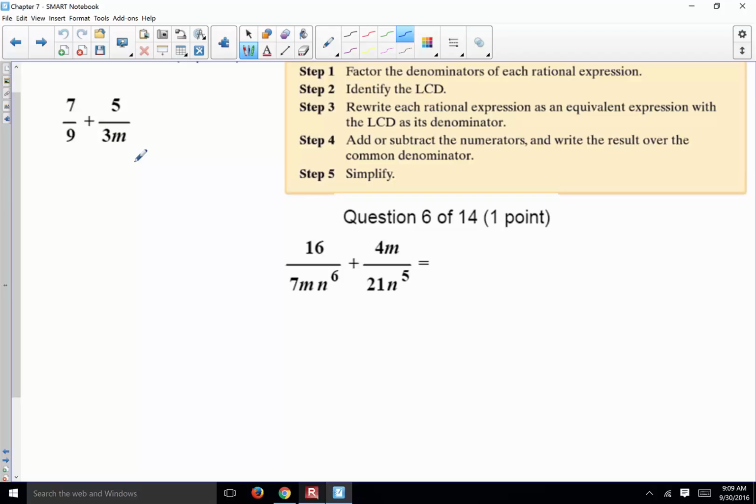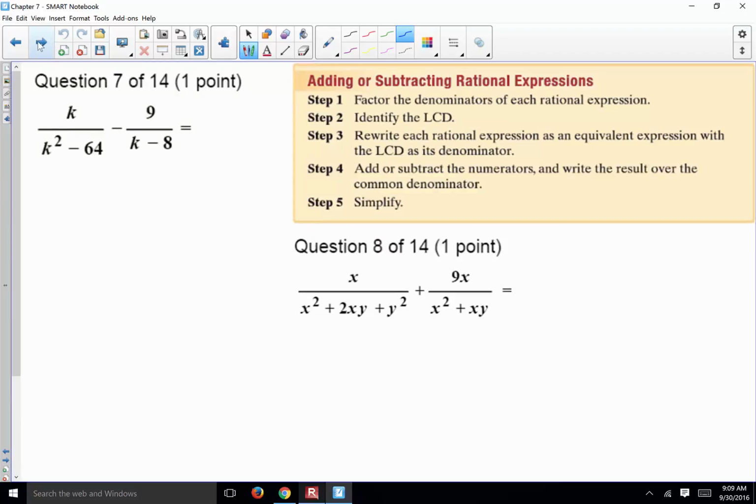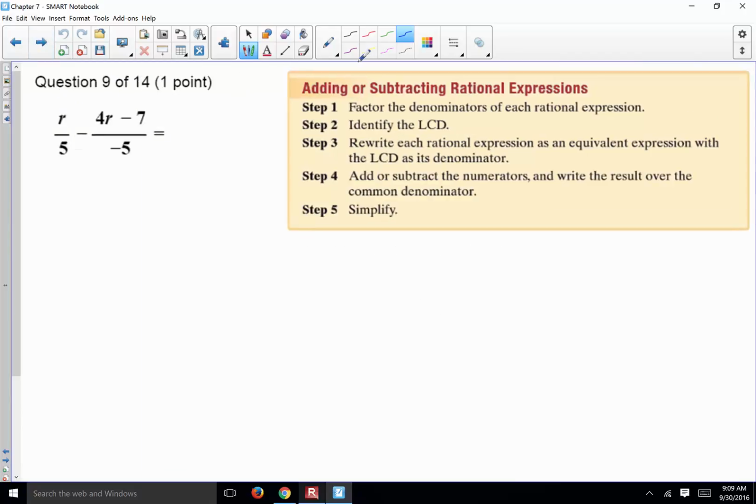And once you see the denominators matching, combine them into one fraction by copying the denominator and adding or subtracting the tops.